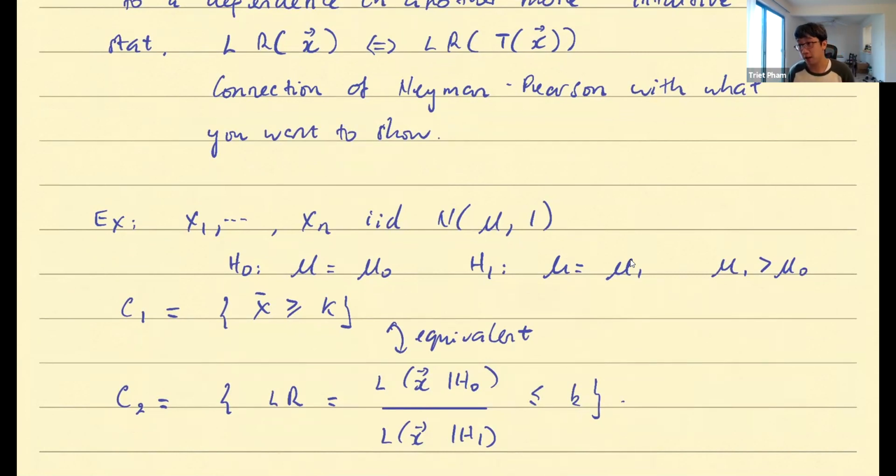So even though you write C1 and C2, they're really the same C. When you do all the algebra, something else will pop out, like X bar, and this less than or equal to K means X bar is bigger than or equal to big K. So to prove this is the most powerful, the task is to establish the equivalency of likelihood ratio rejection with your proposed rejection using the intuitive step.